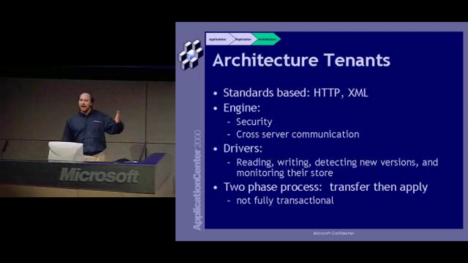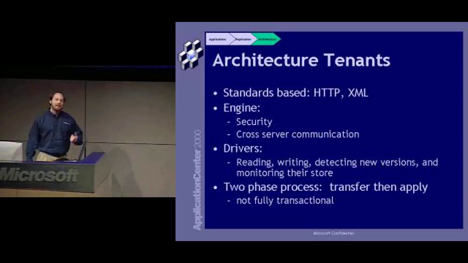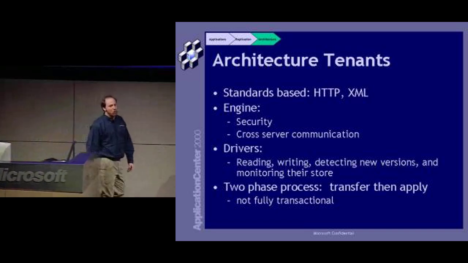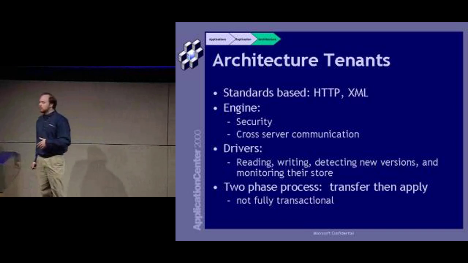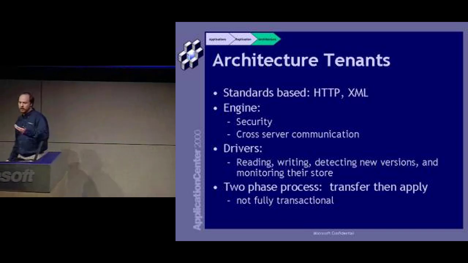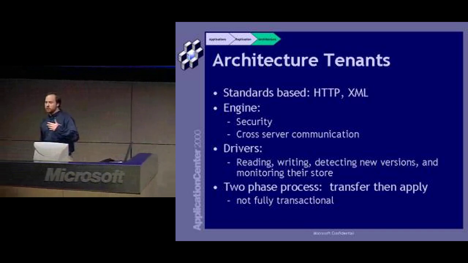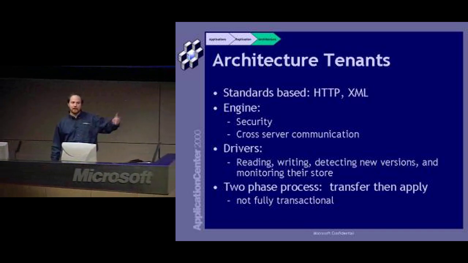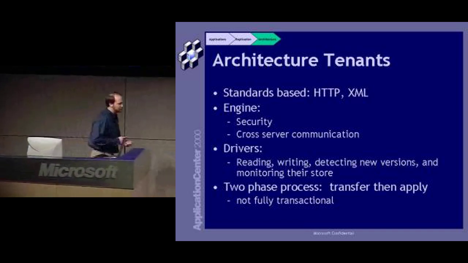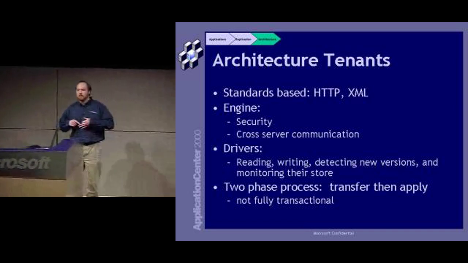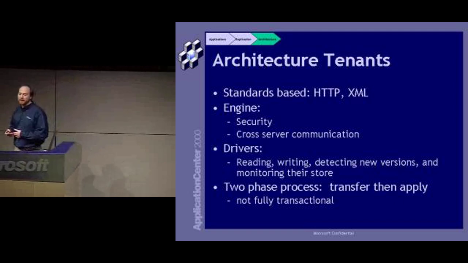Each one of those has their own driver. And those drivers are responsible for reading, writing, detecting new changes or new versions of those content types, and then replicating them. So you have a driver for files which knows how to read a file, write a file, oh, the file's been changed, compare files back and forth, that sort of thing.